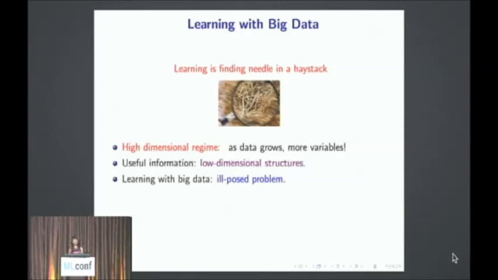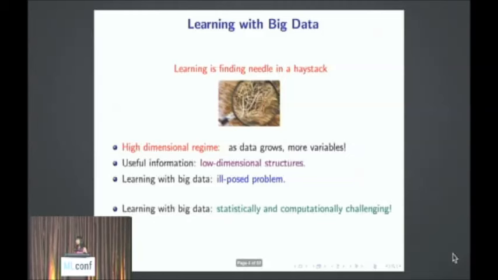So it's finding a needle in a haystack. And this is challenging both from the viewpoint of computation as well as statistical guarantees. So we want to have algorithms that scale very well in terms of the number of samples and the dimension of the space. Ideally, anything more than linear time is almost impractical to carry out.